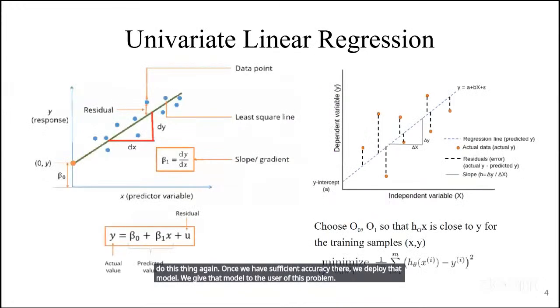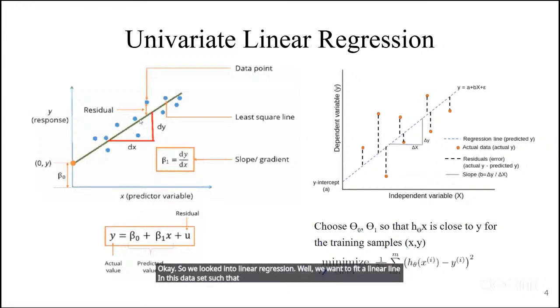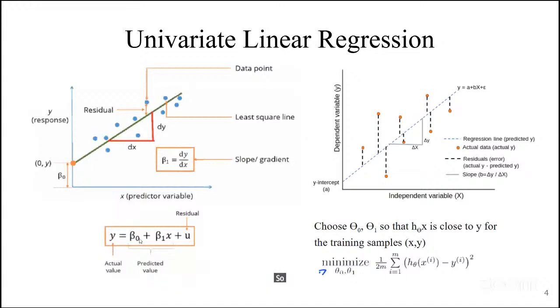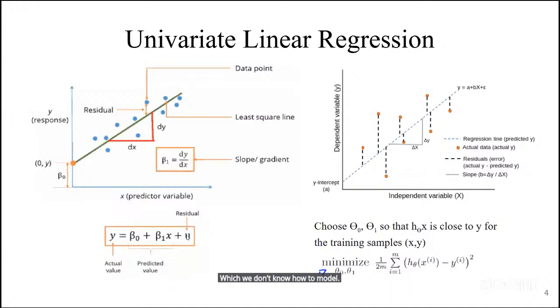Okay. So we looked into linear regression, where we want to fit a linear line to this data set such that this line best explains the data points. So we have y equals beta naught plus beta 1 x plus u, where u is some extra residual noise which we don't know how to model and have no control over.